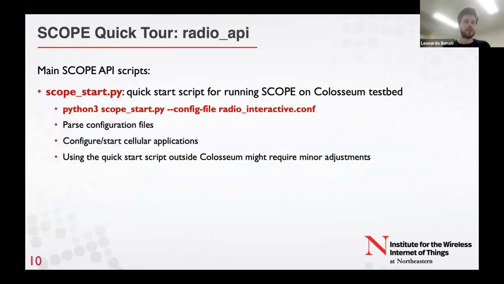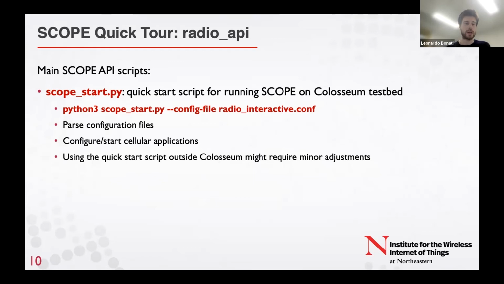And as for the APIs themselves, we have a scope start script that is used to quickly start scope on Colosseum. So you can see that just by typing this Python line in red here, you can just start the base station in a similar way to what I was doing earlier.